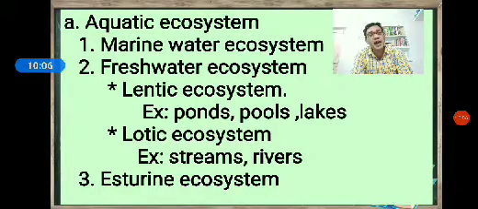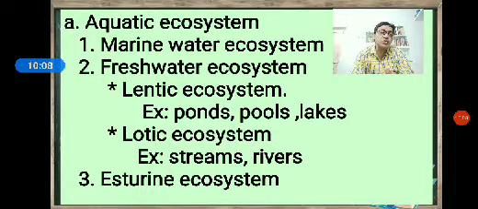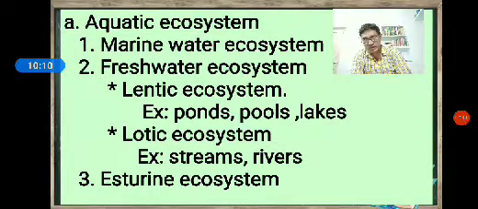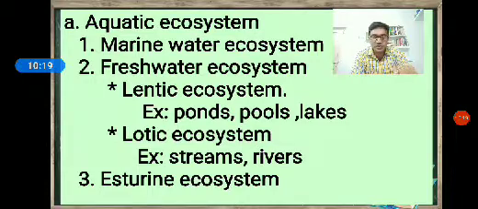The third aquatic ecosystem is the estuarine ecosystem. It is the ecosystem where the fresh water of a river joins the salt water of the sea.